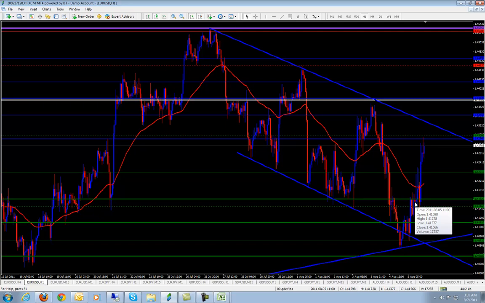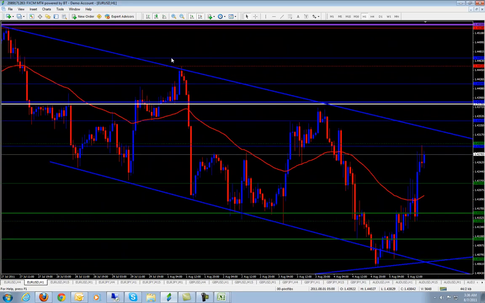Keep in mind that this is an hourly chart. The other one was 8:30. Okay, right here. Right here, 8:30. Okay. No, wait. No, let me zoom in. I want to find 8:30. Or at least 8 o'clock. Okay.